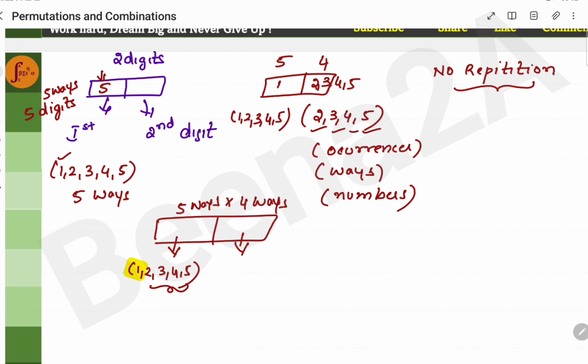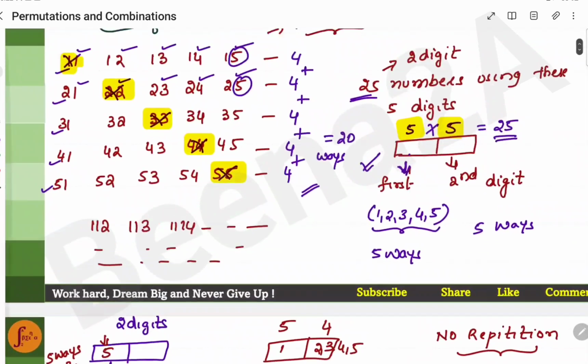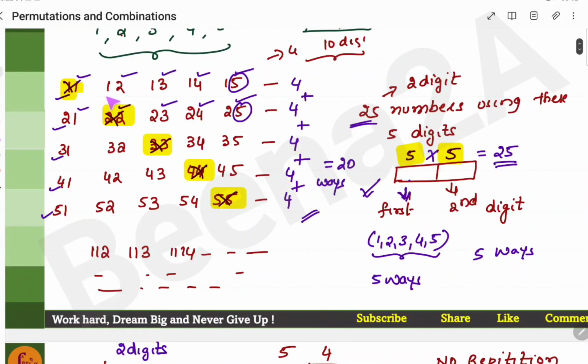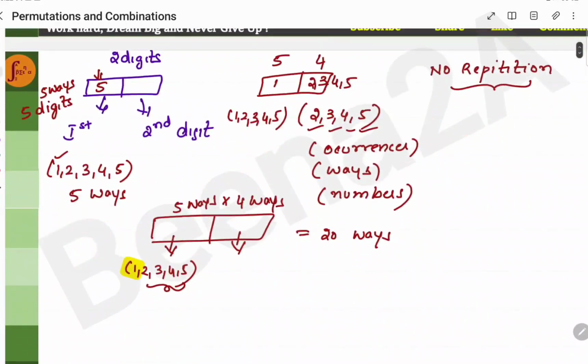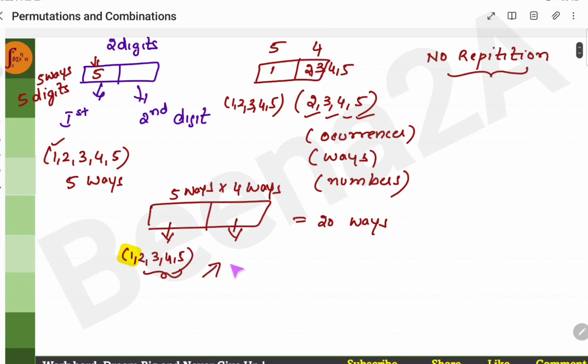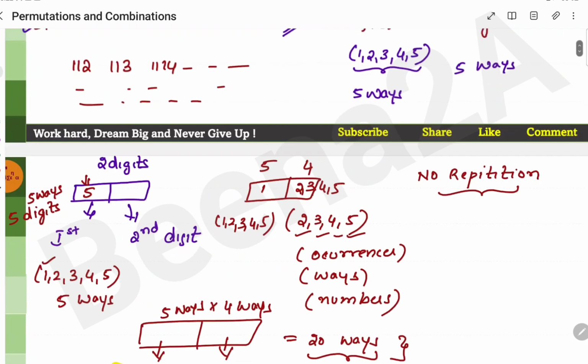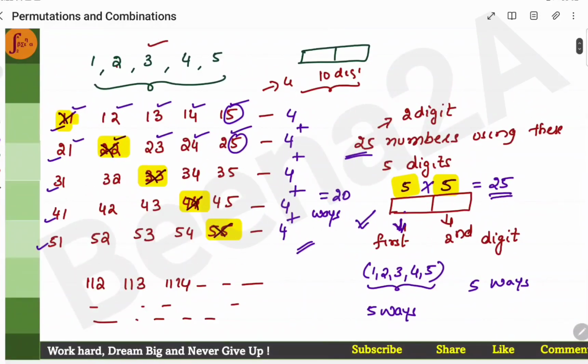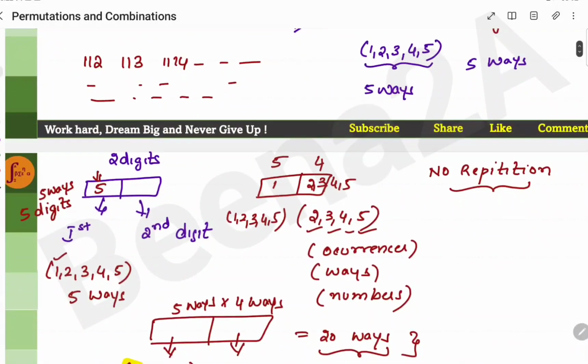Multiply 5 into 4. It's 20 ways. Here also we got 20 ways. By writing down each arrangement, we got 20 ways. This is an easy way by using multiplication. By using the multiplication principle, I can directly get the total number of ways, which is 20 here. So now we understand the difference between repetition allowed and no repetition. This is the difference.